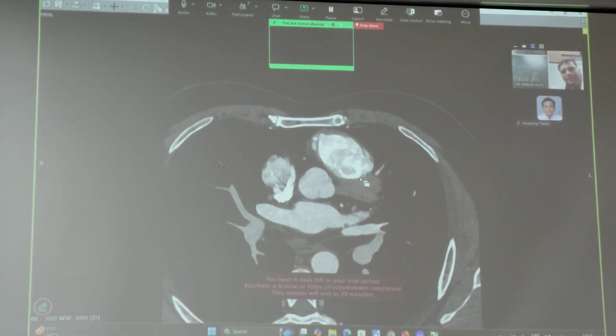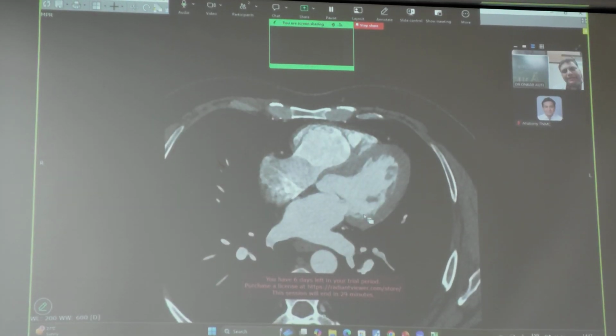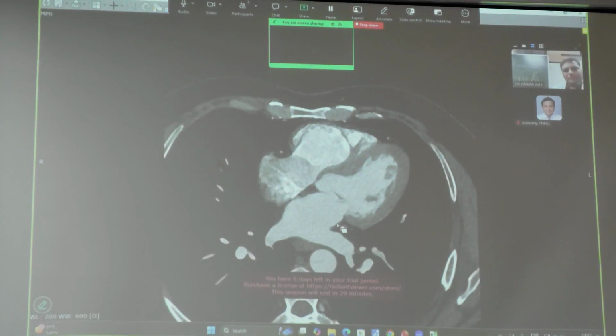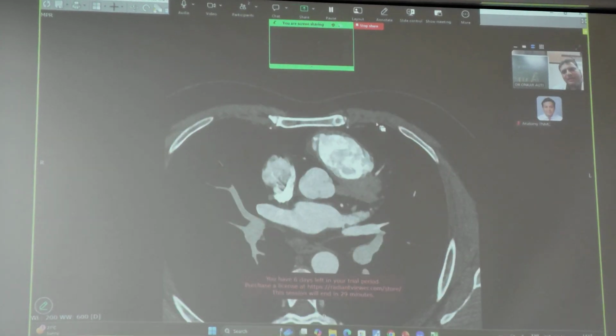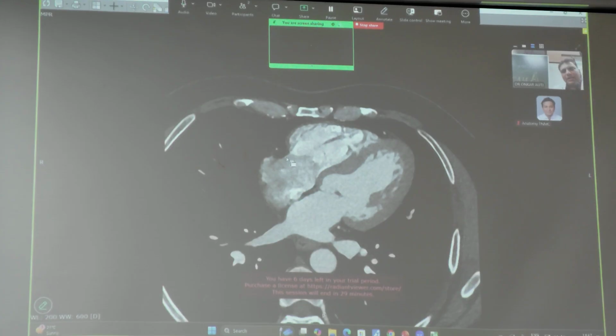Similarly, the LCX or the circumflex coronary artery goes into the left atrioventricular groove. Okay, so that's your LCX. And your RCA or the right coronary artery goes into the right atrioventricular groove. Clear? Okay.